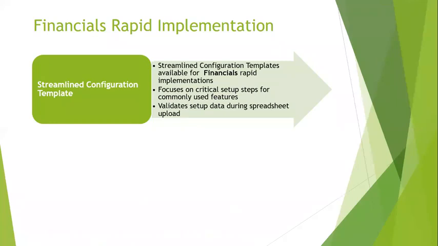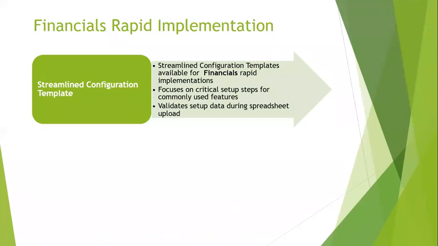So what are the critical setups for commonly used features? Anyone? Name some of the setups. In financials, very high level, what are all the very critical, important setups? We can call it an enterprise structure.